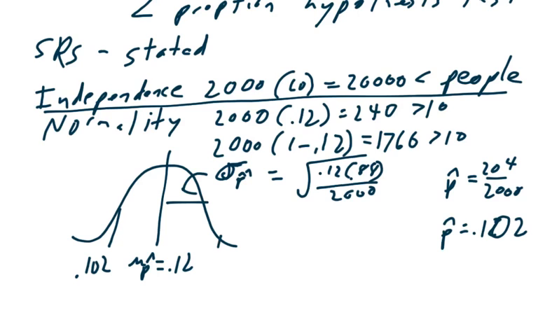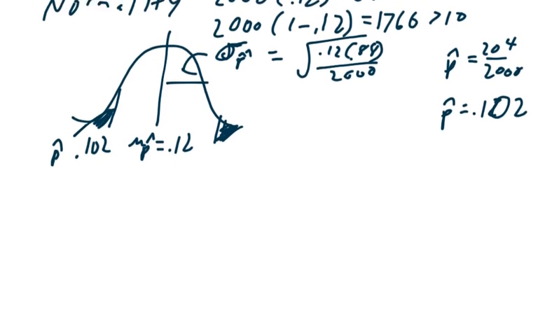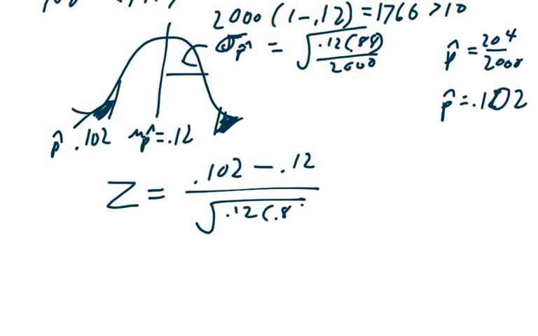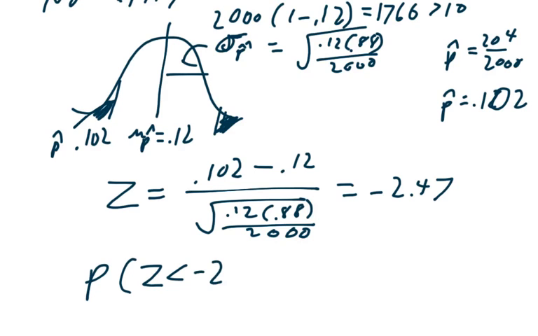0.102 is here, and we're going to shade in this portion, and we're going to shade in this portion. So let's find the z-score for 0.102. And I get the answer of negative 2.47. So I need the probability that z is less than negative 2.47 or that z is greater than 2.47.